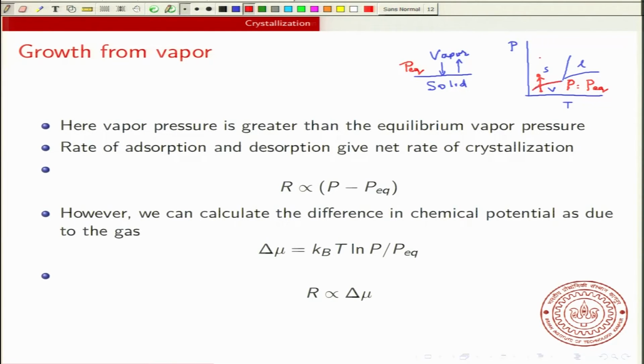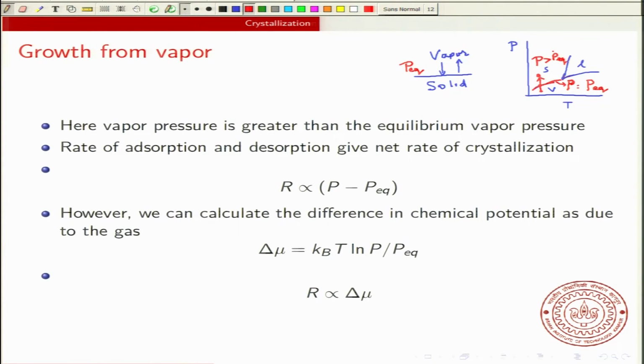So in this region P is greater than P equilibrium, and in the lower region P is less than P equilibrium. It is only along this line that you have P equal to P equilibrium. Above this line you have P greater than P equilibrium, below this line you have P less than P equilibrium.